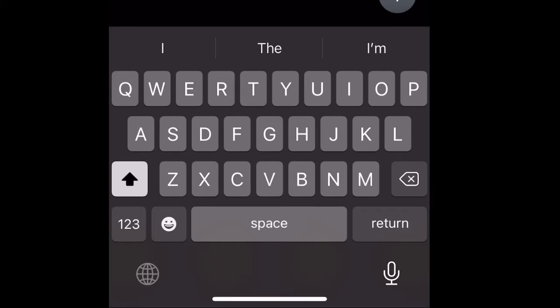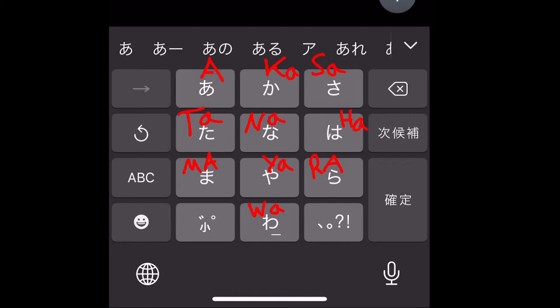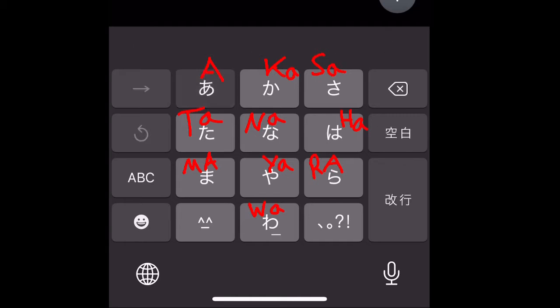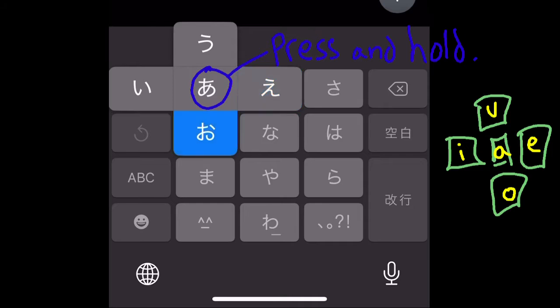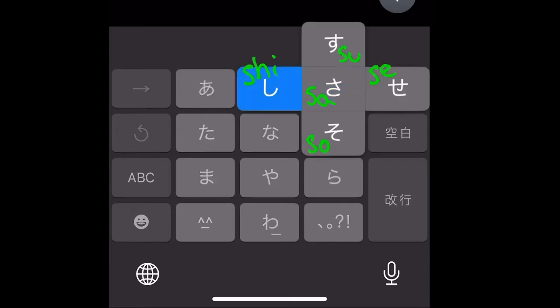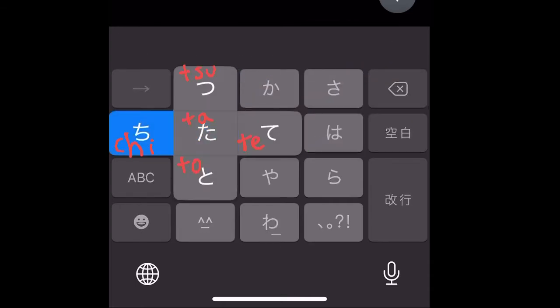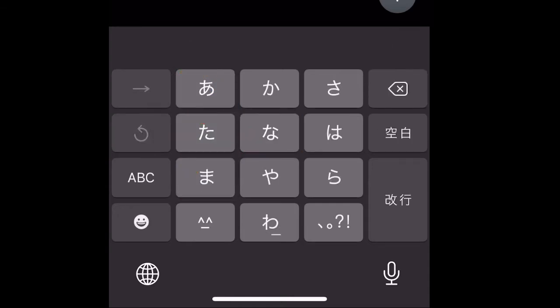On iPhones and Android phones, Japanese people use something called swipe to type. They still have A, I, U, E, O, Ka, Ki, Ku, Ke, Ko. They just need to hold down on the first one. This is Sa, Shi, Su, Se. So they hold down on the first letter, and then they can swipe left, up, right, down for I, U, E, O. And it's all in the same direction.